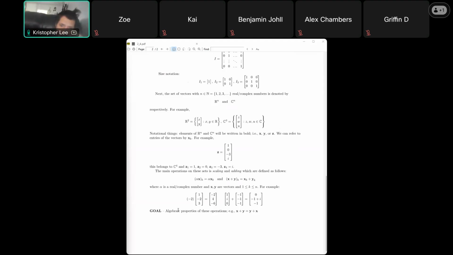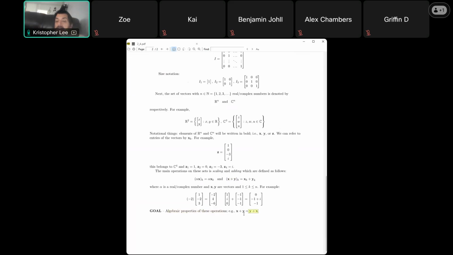And on Monday, our goal will be to investigate algebraic operations, algebraic properties of these operations. So we now know how to add 2 vectors. Well, we know how adding works for numbers. Adding's got 4 particular properties, right? It's associative, commutative, has an identity, and has inverses.